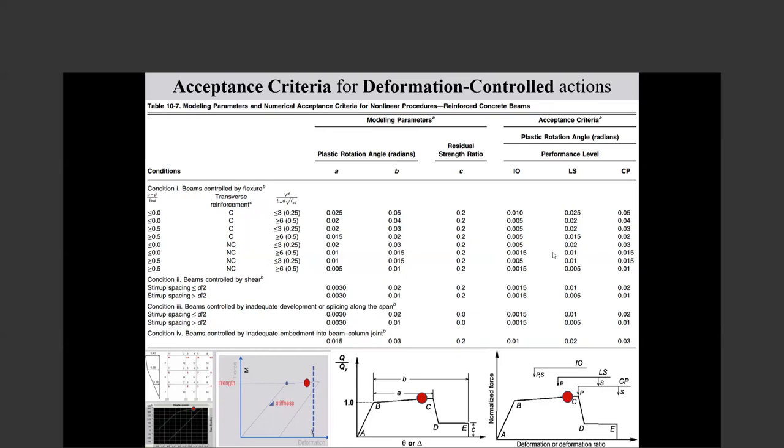So it covers the horizontal axis and builds the value on the vertical axis. Horizontal axis is the curvature, vertical axis is the moment, and the curve will develop that.